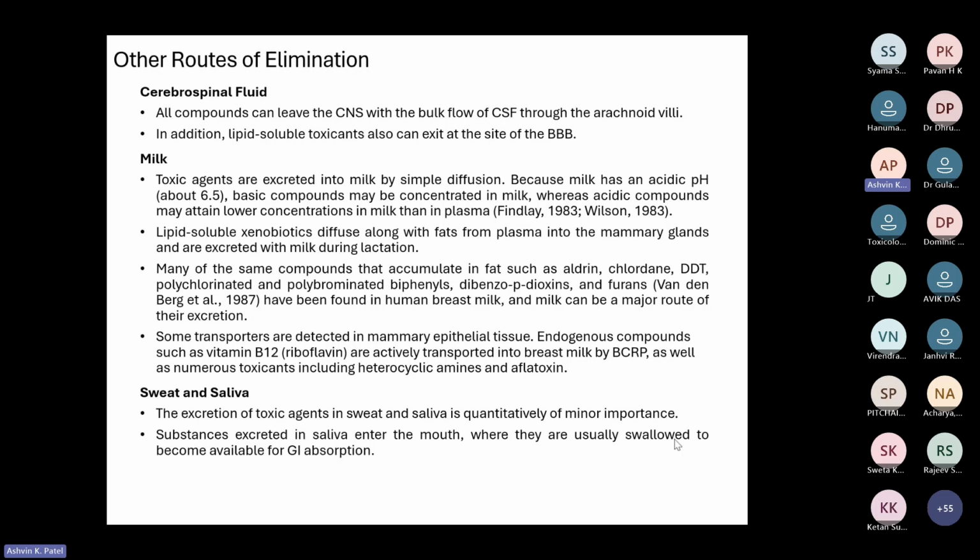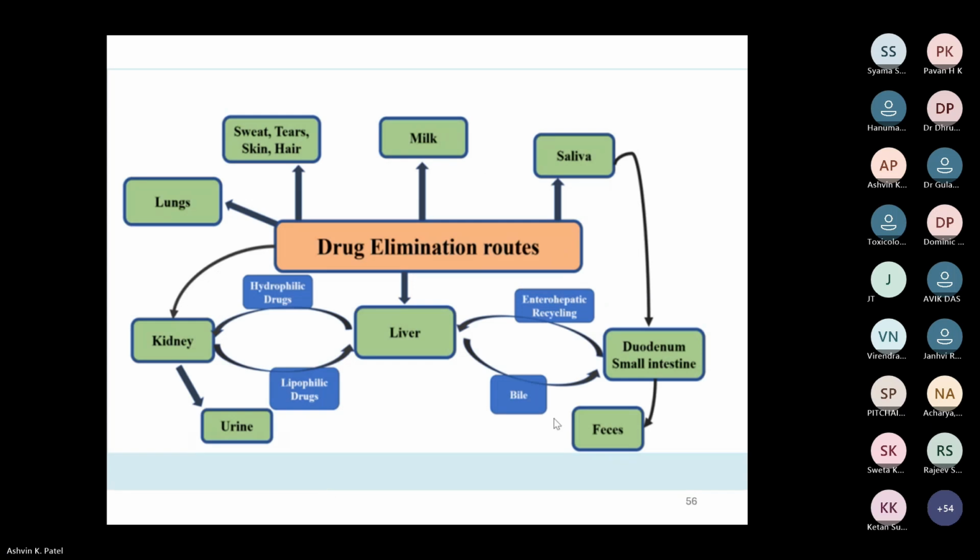Sometimes toxic compounds excreted through sweat may produce dermatitis because of their irritant nature. So in a nutshell, here is a summary of drug elimination routes: milk, saliva, lung, kidney, urine, and feces are important sources of elimination of toxicants.